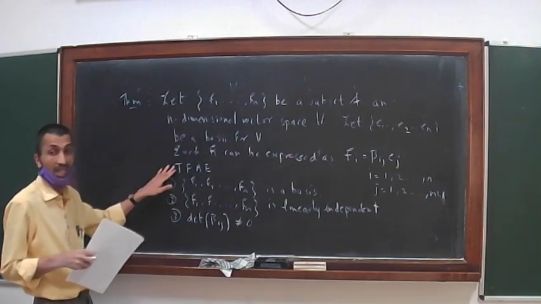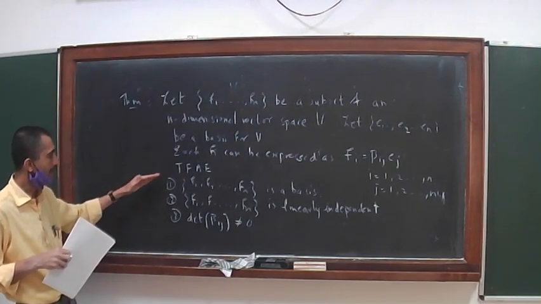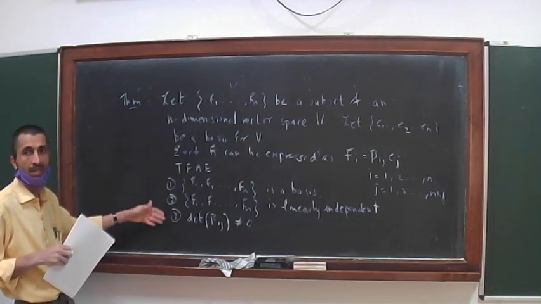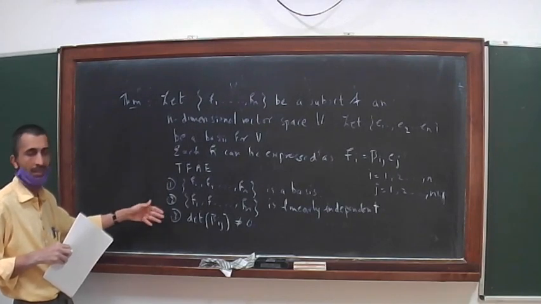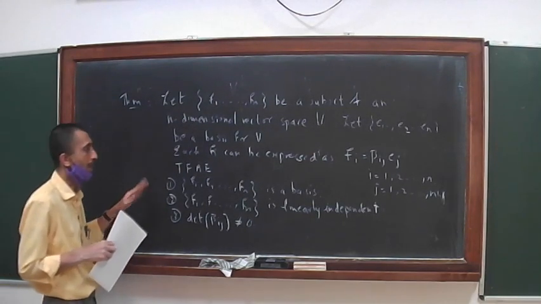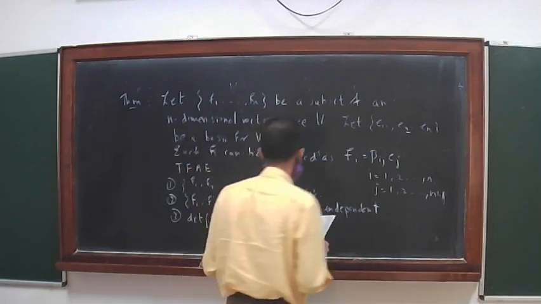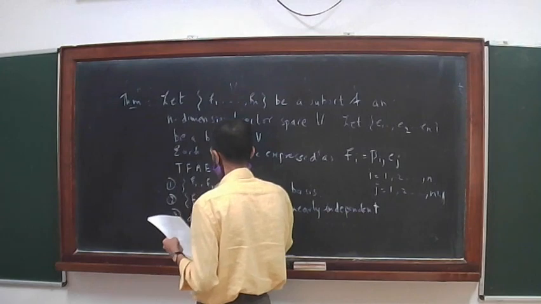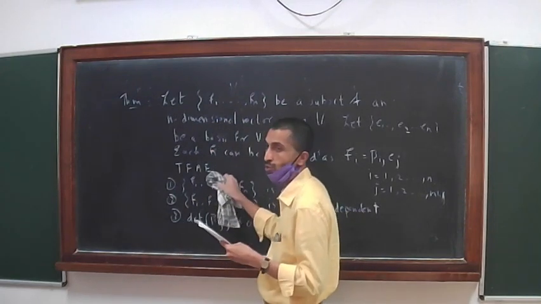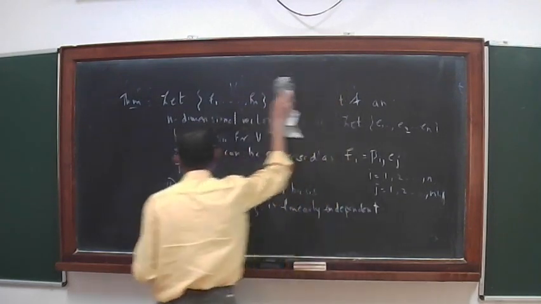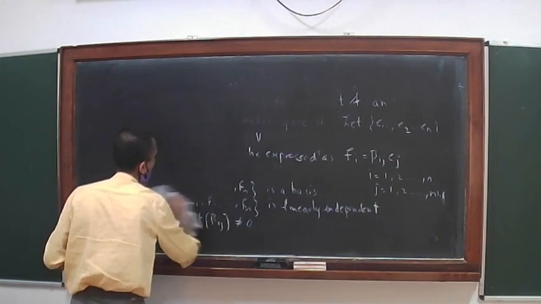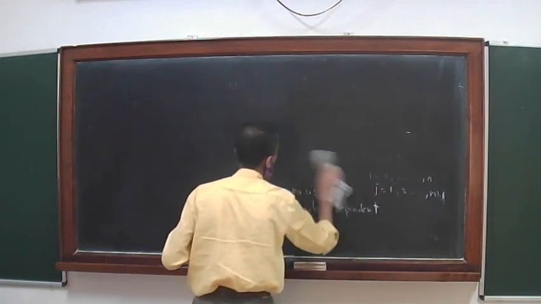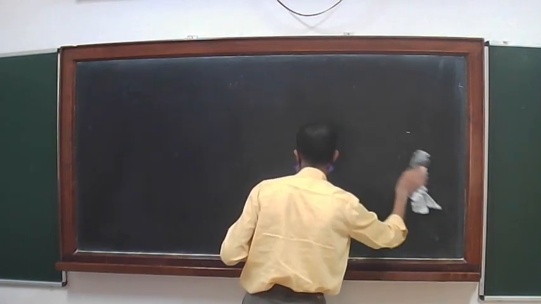Okay, what do we mean by equivalent? Equivalent means that 1 implies 2, 2 implies 1, 2 implies 3, 3 implies 2, 1 implies 3, 3 implies 1. So that means all of them are necessary and sufficient conditions for each other.